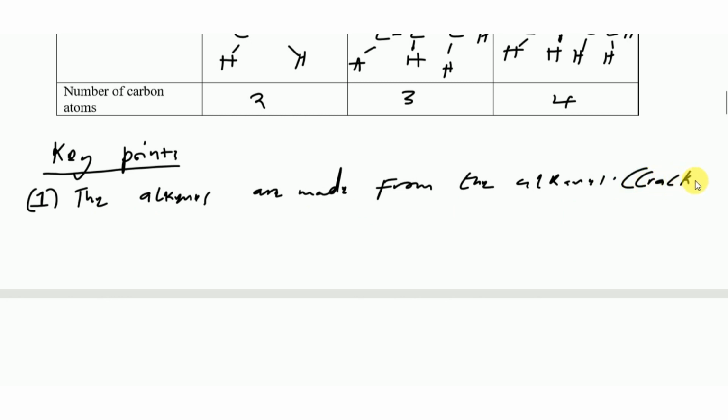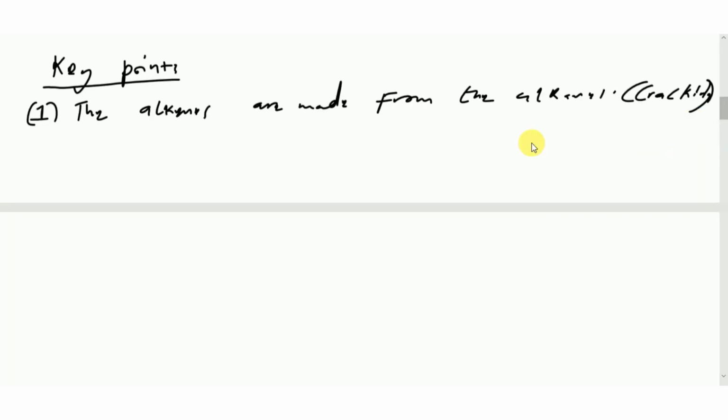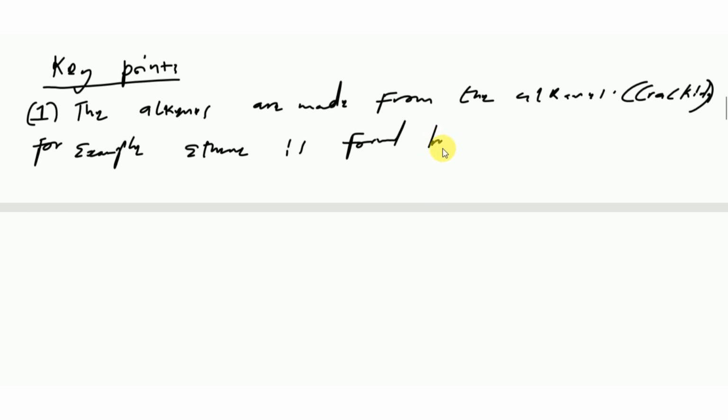So we use the process of cracking. So for example, ethene is formed by cracking ethane.